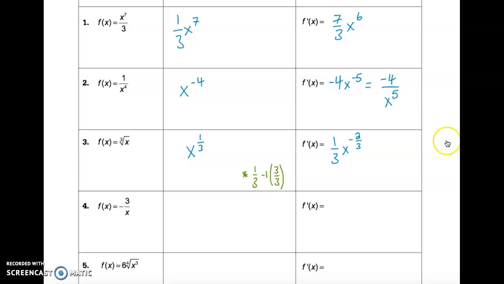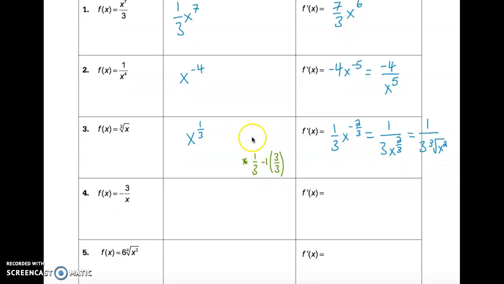And then now we can rewrite it as a nice derivative we could actually evaluate. So first, if you want to move it to the bottom, we can do that. So it's 1/3 x to the +2/3. And then the final answer, to write it as a radical again, would be 1/3 the cube root of x squared.